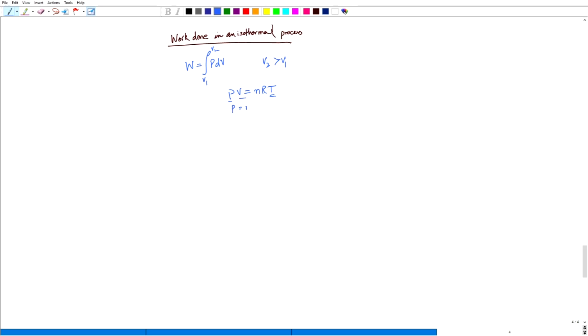P is nRT by V. So W comes out to be simply the integral from V1 to V2 of nRT by V dV, and so nRT ln V2 by V1. So this is the work done by the gas.